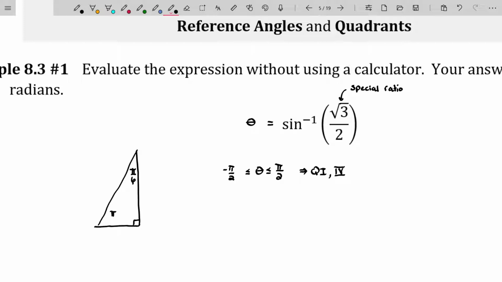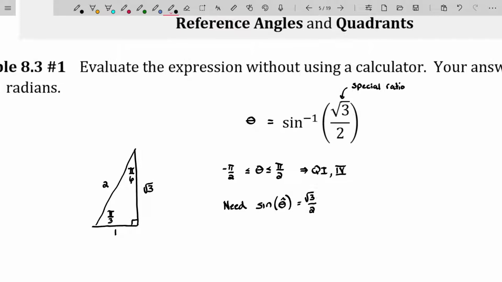It's 1, 2, √3. That's the relationship. And now we just need the sine of whatever angle it is to be √3/2. So let me say that again. We need, and I'll actually just pause this and write it down, the sine of theta hat to be √3/2.